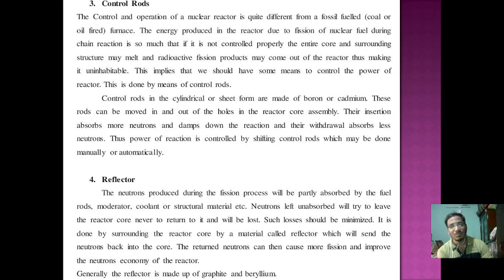The neutrons produced during the fission procedure will be partly absorbed by the fuel rods. Here the reflector deals with the neutrons produced by fission from the different parts like rods, moderator, coolant or structure material.